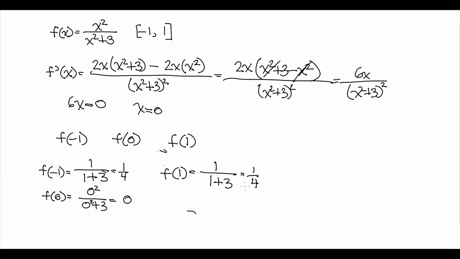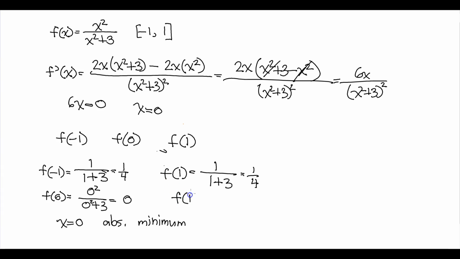So you know for a fact that at x equals 0, you have the absolute minimum. The absolute maximum is 1/4.